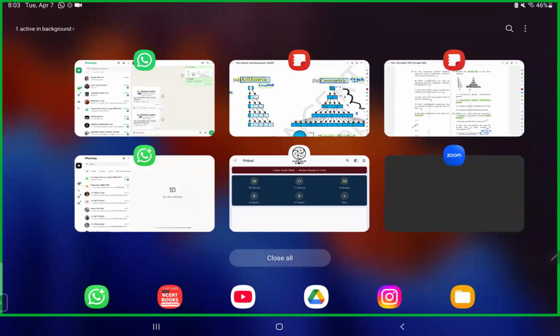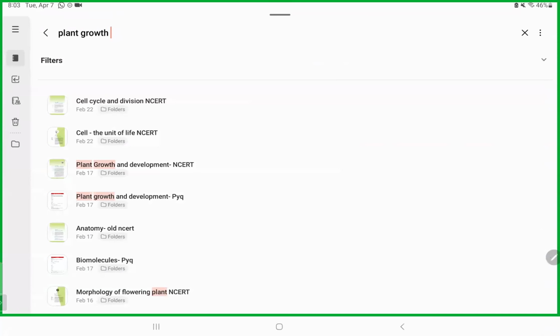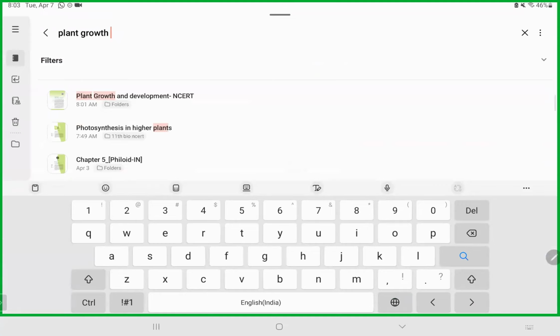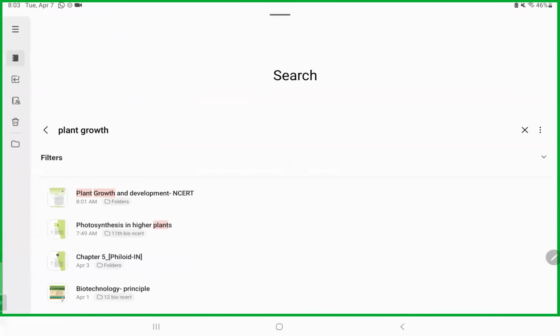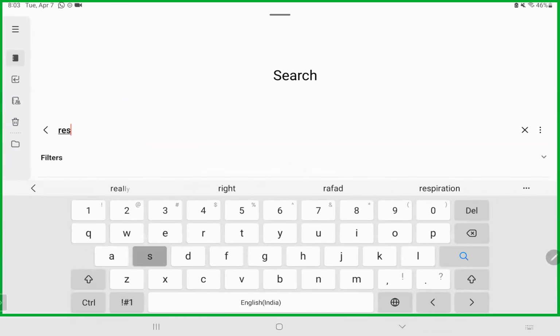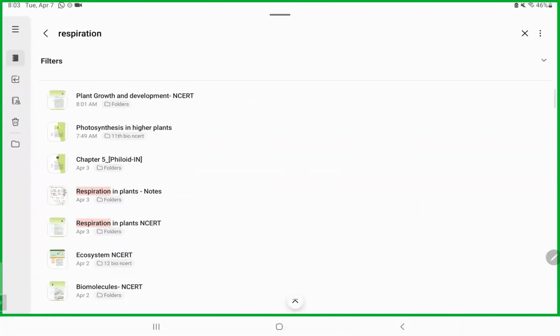Solve the respiration chapter. Respiration in plants notes.